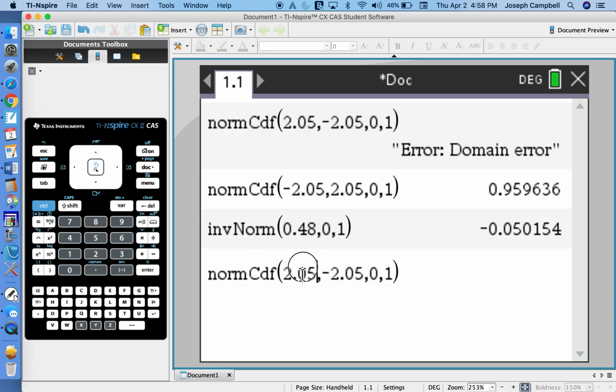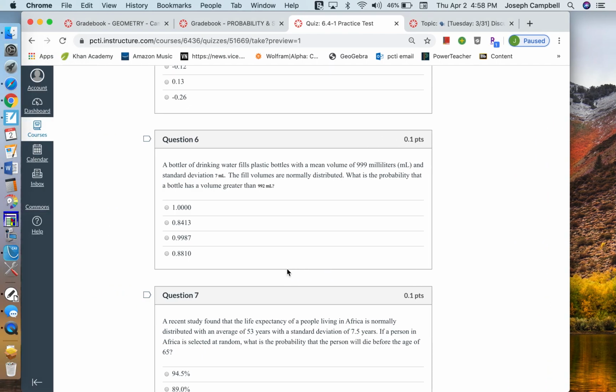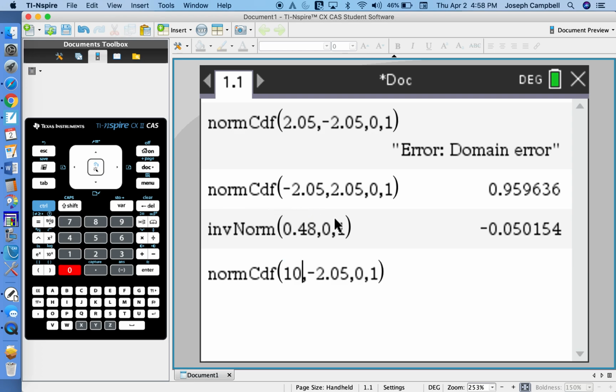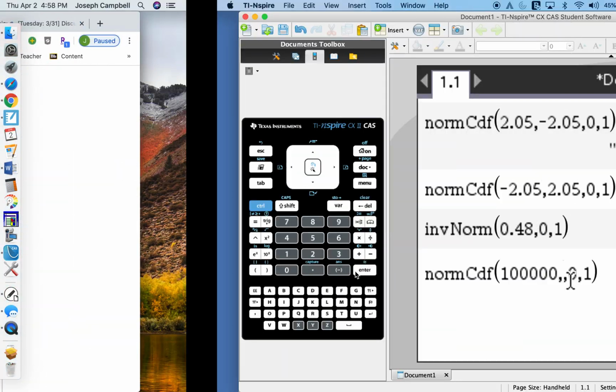My upper bound here was just basically some really big number. My lower bound was 992.